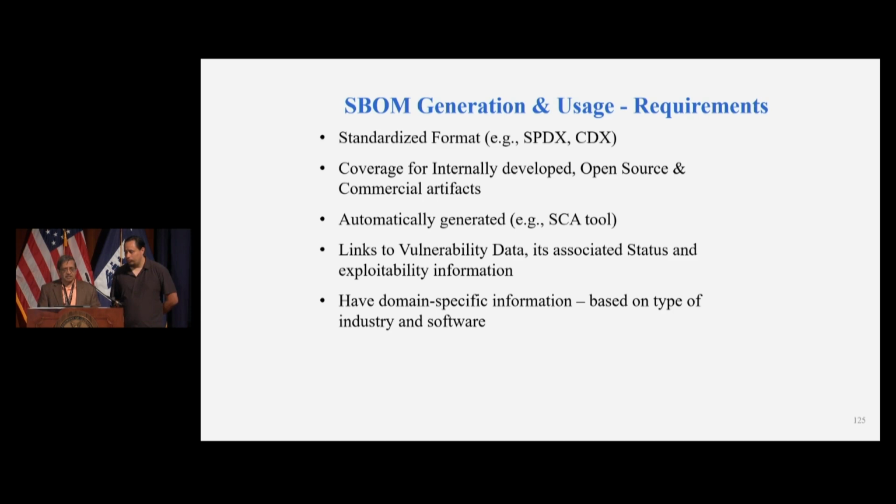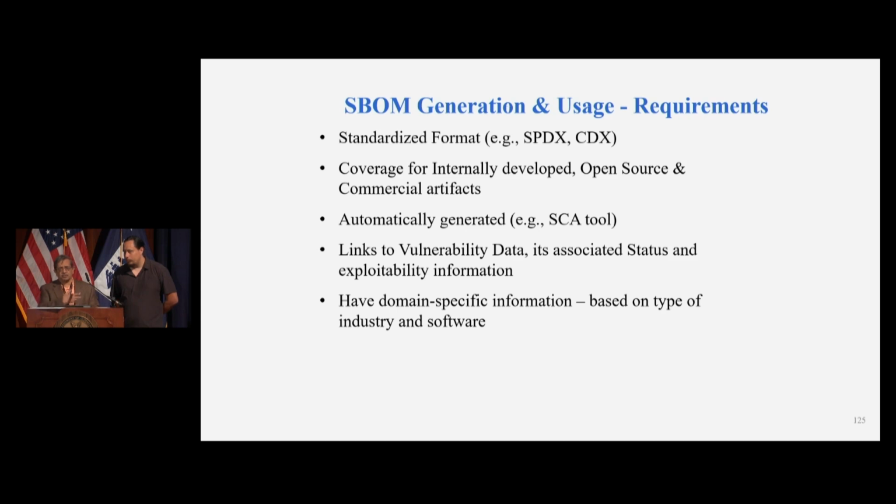last but not the least, it should definitely have linkage to vulnerability data, because we need to have not only details about vulnerabilities, but also to see what the current status is, whether it has been fixed or is still under investigation and so on. And also its exploitability information.